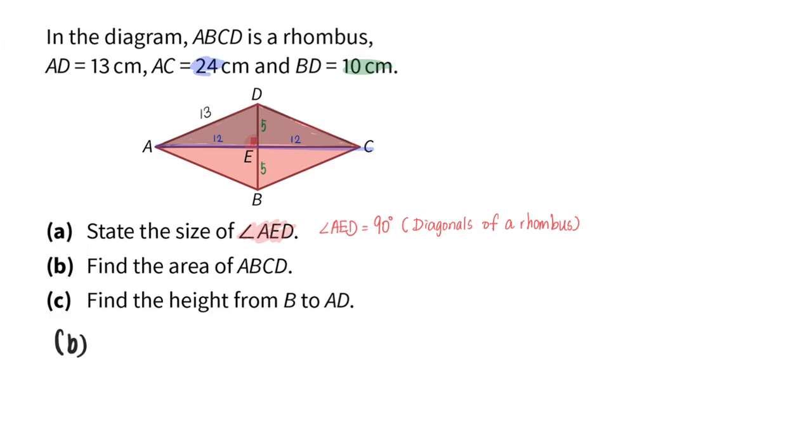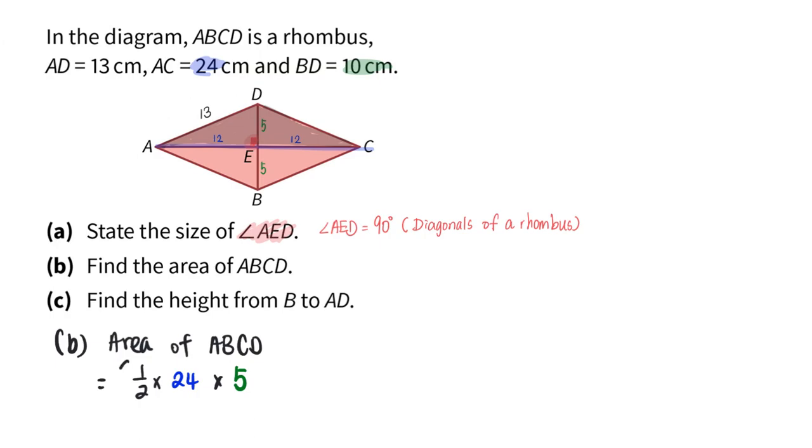So for part B, to find the area of ABCD, the whole area, we could simply have half times base 24, 12 plus 12 is 24, or the whole AC, multiplied by the height 5.